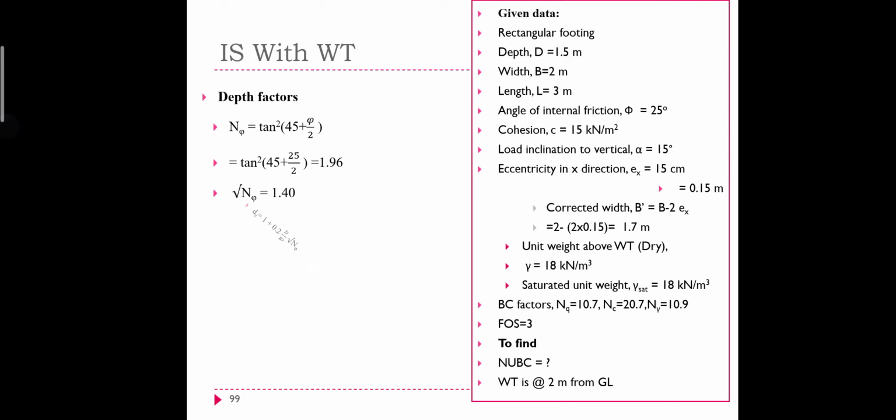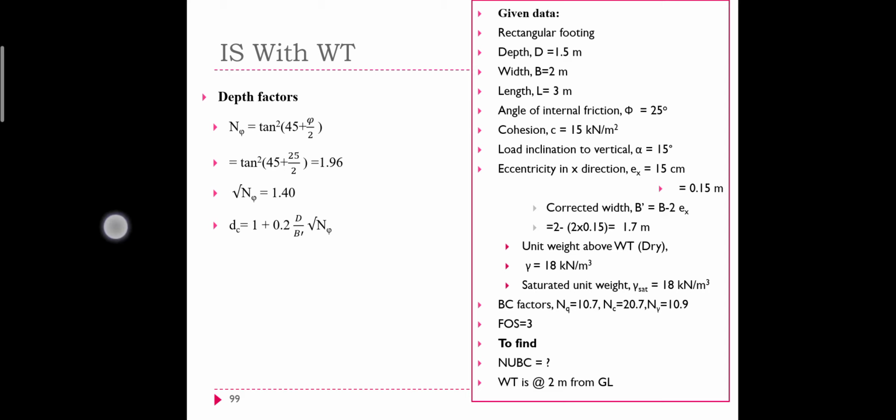What is phi here? Angle of internal friction is 25 degree. So tan square (45 plus 25 by 2) will give you 1.96. For depth factors only the root of N phi is needed. So take the root, that is 1.40.